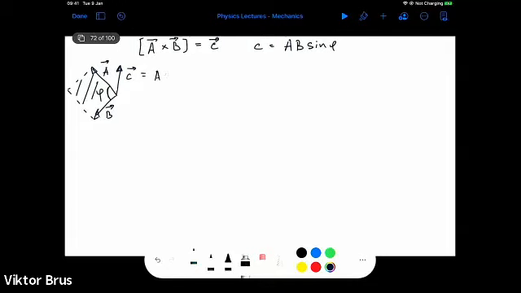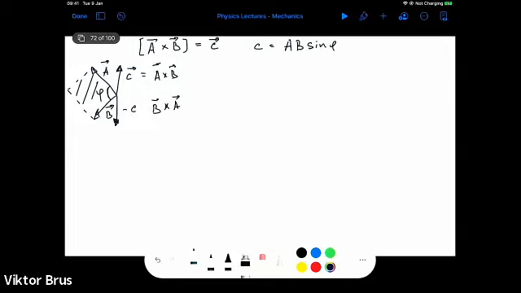It will be vector C equal to A cross B, and that's why if we have B times A, we just replace them in the product in order. We will get the same vector, but in the opposite direction.